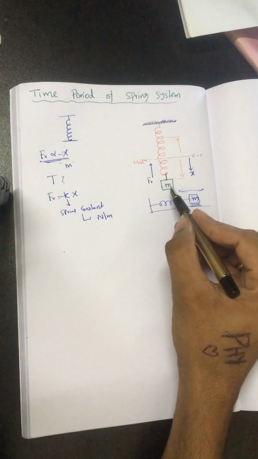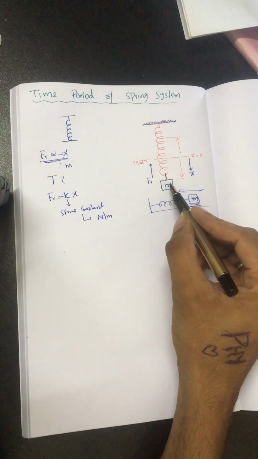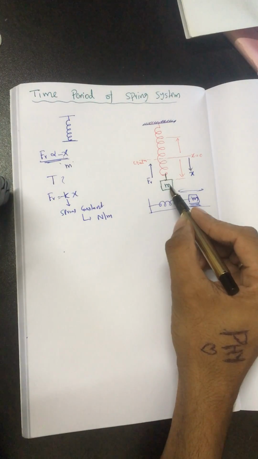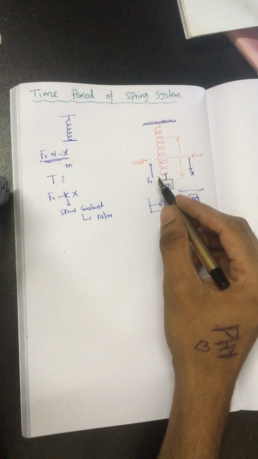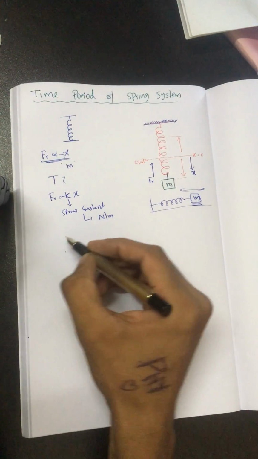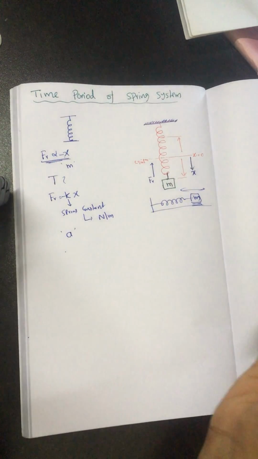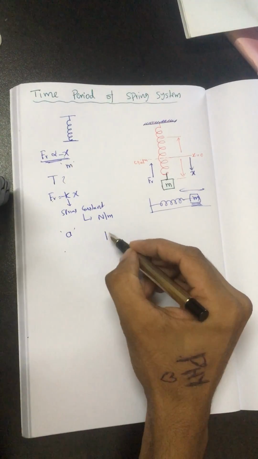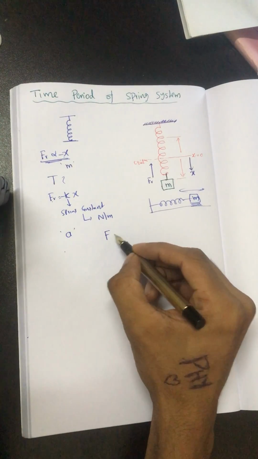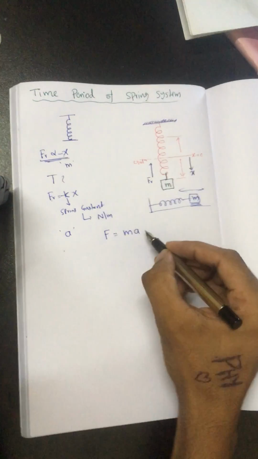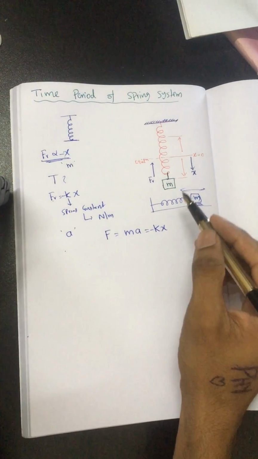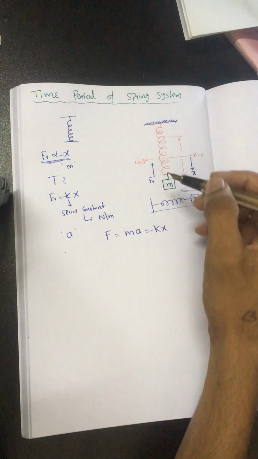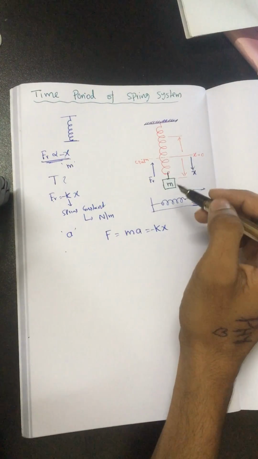Now because of this restoring force, the block attached moves towards the mean position from either side, and that gives an acceleration a. So this restoring force will give the acceleration a, such that m into a is equal to minus k into x. And I told you this has the property of simple harmonic oscillation.